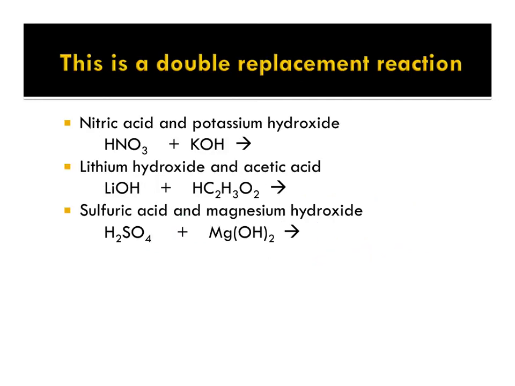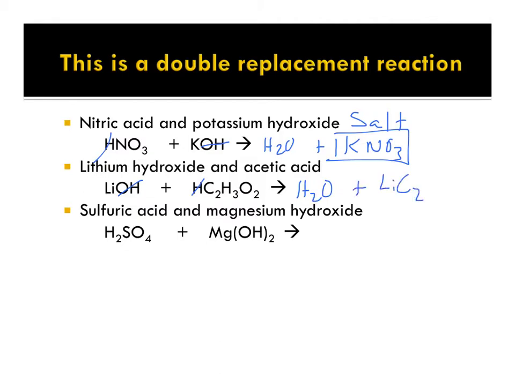Here are some more examples. Between here we would take this H and this OH to make the H2O, and then we're left with KNO3. So this KNO3 is a salt. Moving down to the next one, we take this H and this OH to make our H2O plus LiC2H3O2.